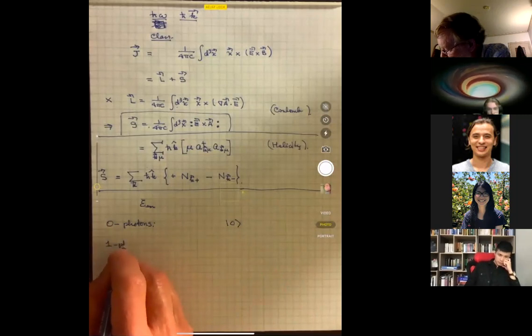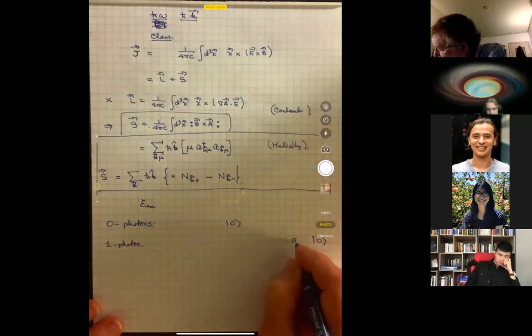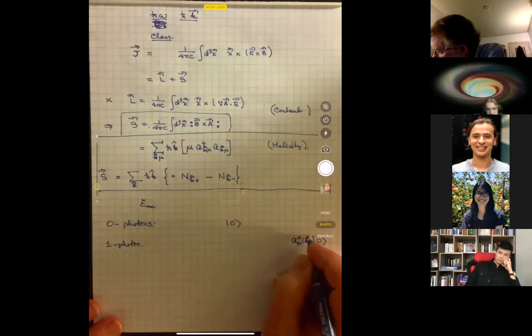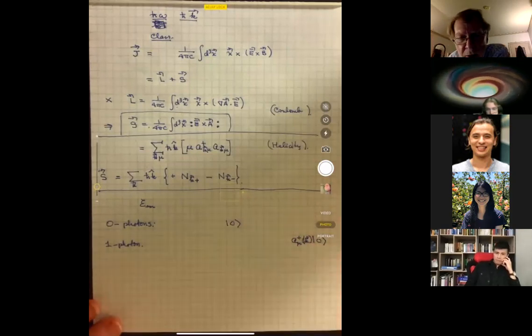What about 1 photon states? Well, to get a 1 photon state, and I'll do this over here on the right, let's write down the vacuum first of all. Then let's apply a creation operator, A mu dagger of k, like this. Now, this isn't really a state in a physical sense because it isn't normalized. It's not normalizable.